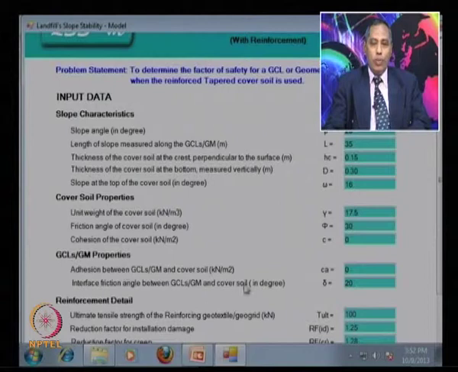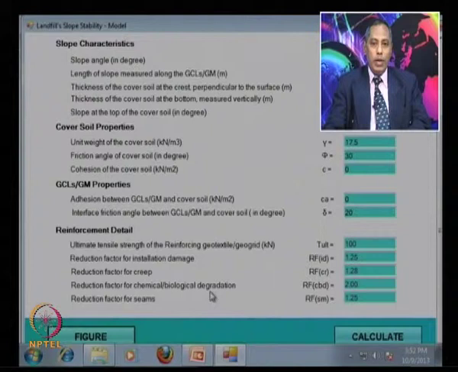The geosynthetic and geomembrane property Ca is equal to 0, delta is equal to 20 degrees. The reinforcement is given in detail.